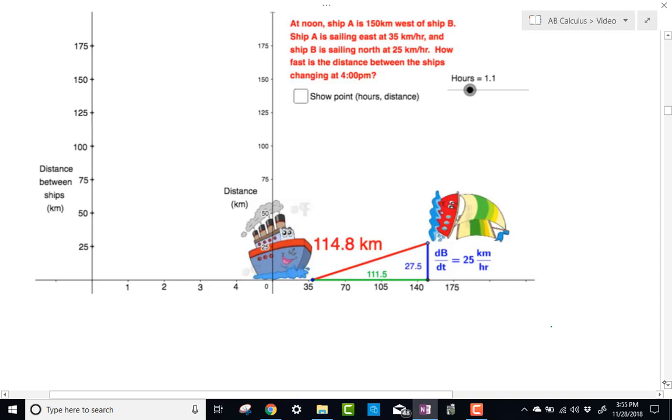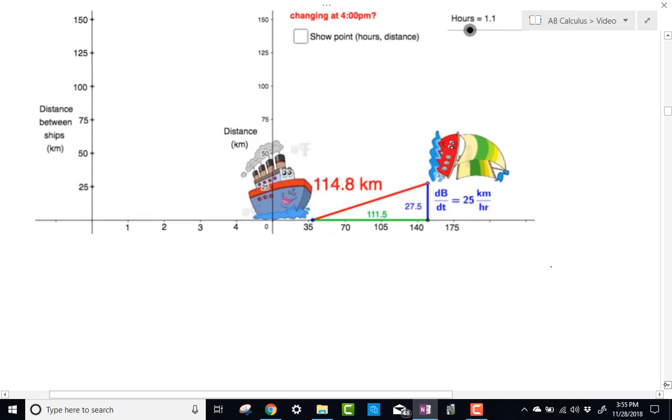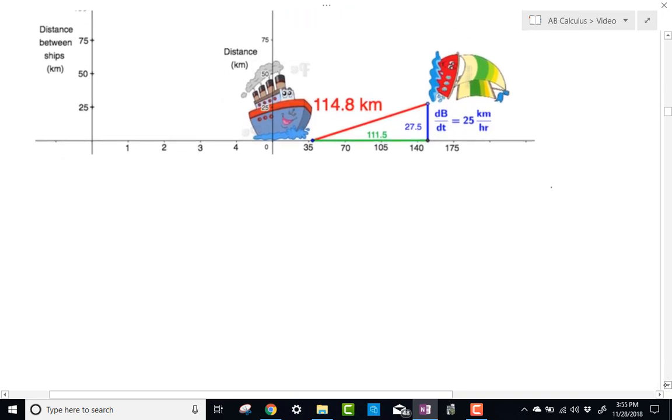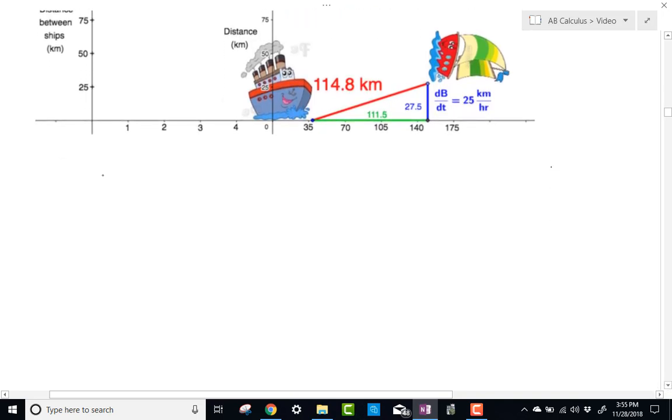So let's do that first. So I'm going to draw a new triangle here, and I'm going to label my triangle. So we're going to label this side as A, this side is B, and then the distance between them we're going to call C.